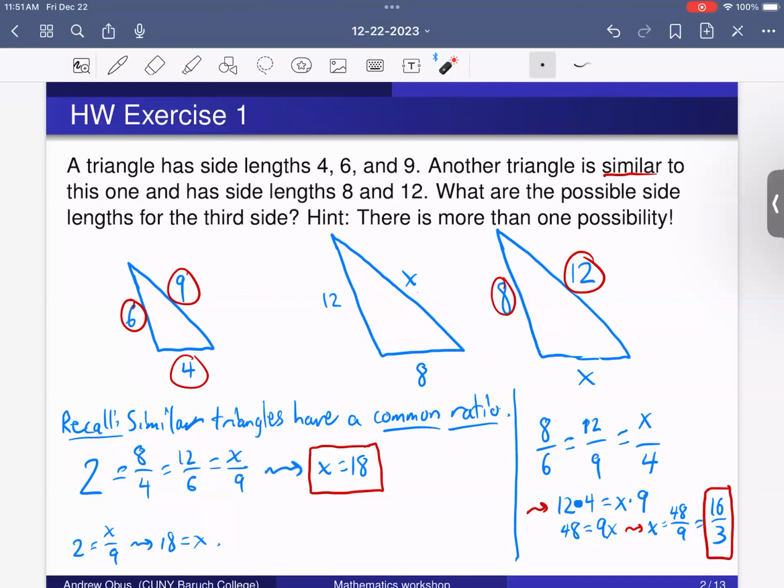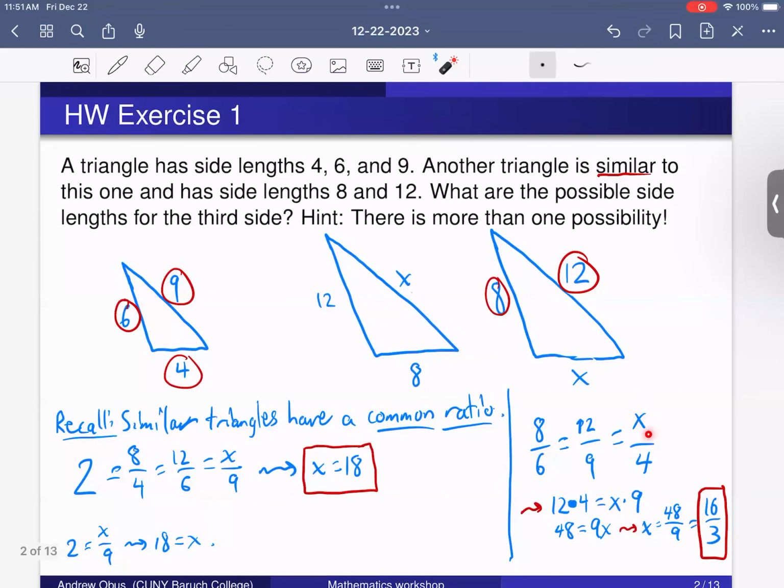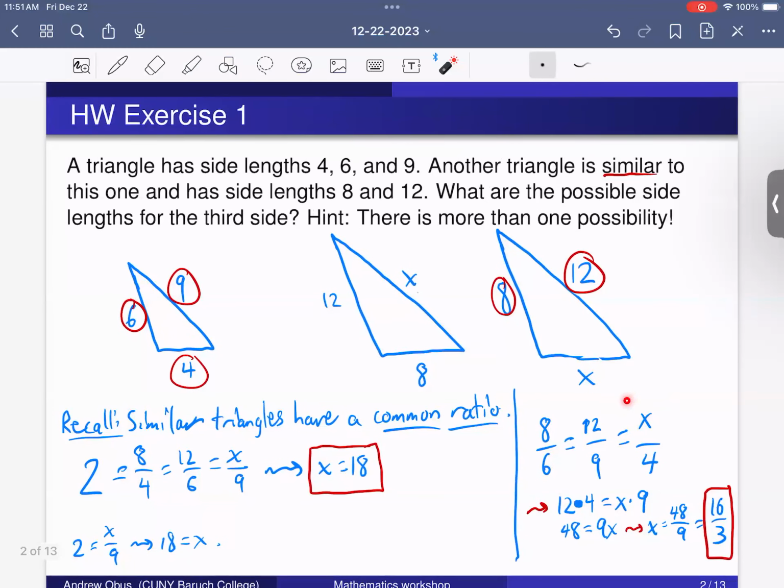All right, any other questions on this? Yes, James. Looking at the ratio, 8 over 6 is 4 over 3, and 12 over 9 is the same, but x over 4 goes as 16 over 3. Yeah, that's fine. If you have x equals 16 over 3, then 16 over 3 divided by 4 is 4 over 3, so it also fits.